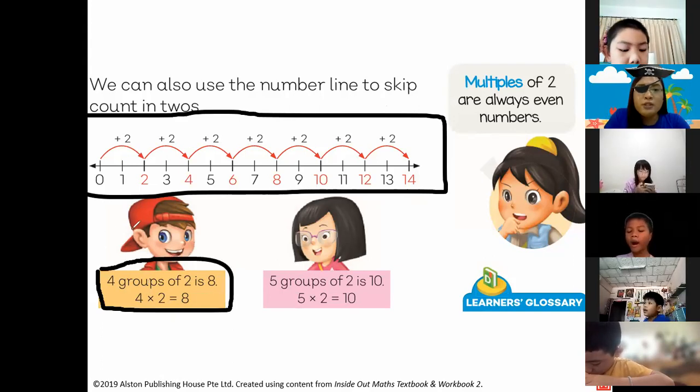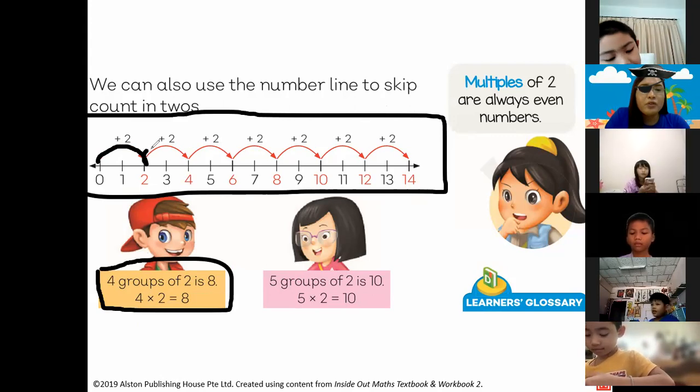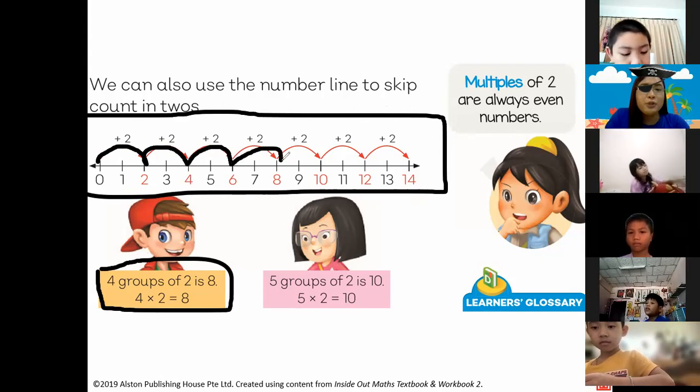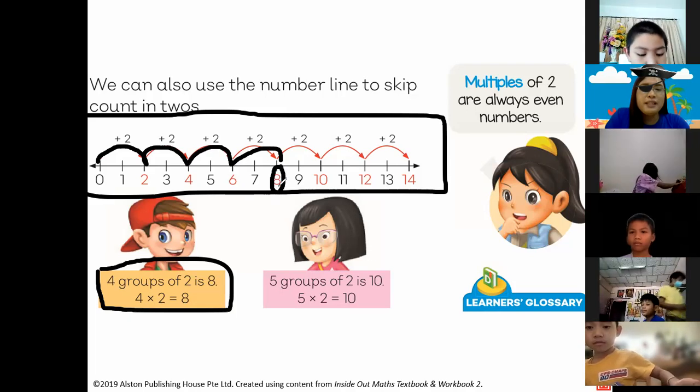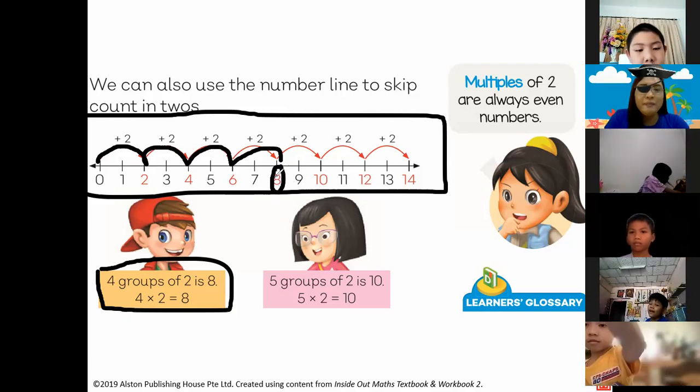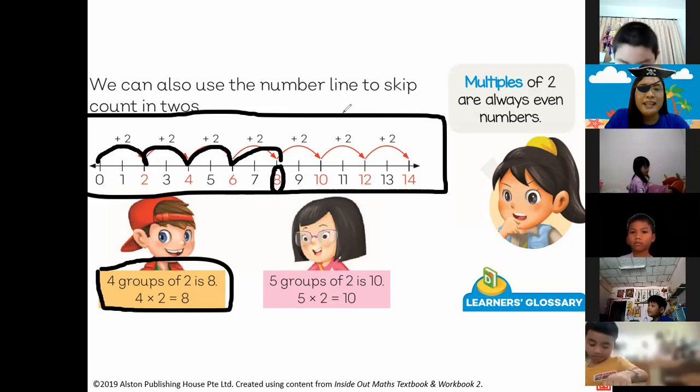So we will make 4 groups by 2. That's 1 group, 2 groups, 3 groups, and 4 groups. So 4 groups of 2, that's 8.